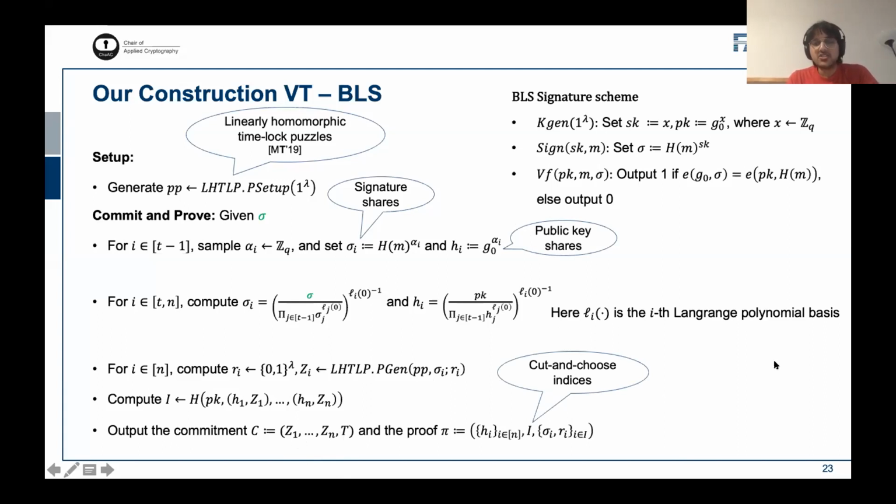You reveal the signature shares sigma I and the corresponding random coins for the indices in I. So the cut and choose set is the capital I, and you are opening the corresponding puzzles and revealing the signature shares embedded and the corresponding random coins.